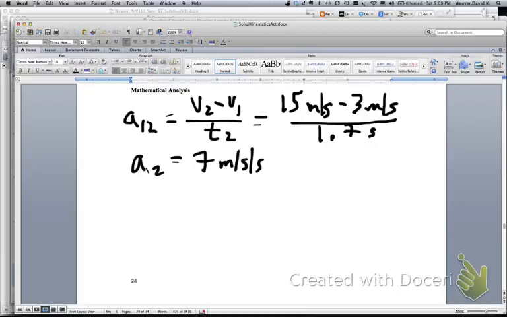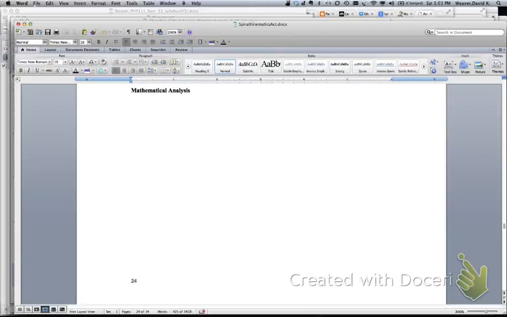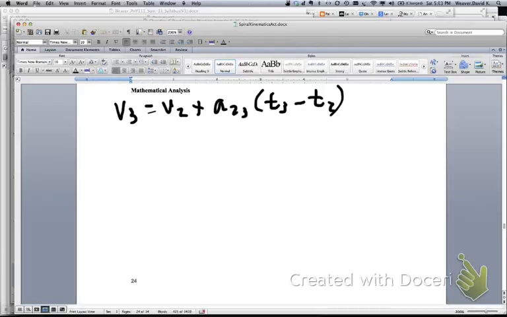Now it's time to move on to talking about what's going on between 2 and 3. V3 is equal to V2 plus A23 times (T3 minus T2). Of all of this, we don't explicitly know A23 or T3, but we do know something about T3.